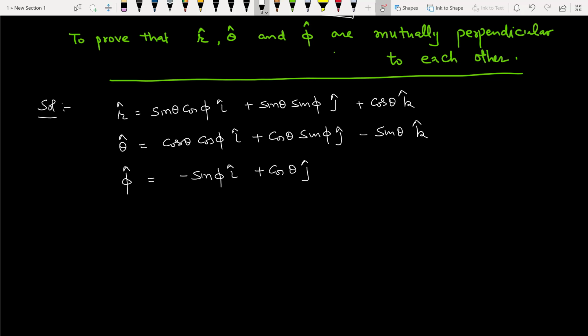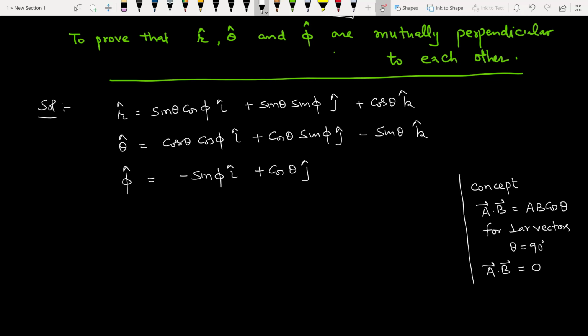So for this we use the very simple concept of dot product, as A dot B is AB cos theta. For perpendicular vectors, theta is 90 degree, so A dot B, as cos 90 is 0, so A dot B is 0.